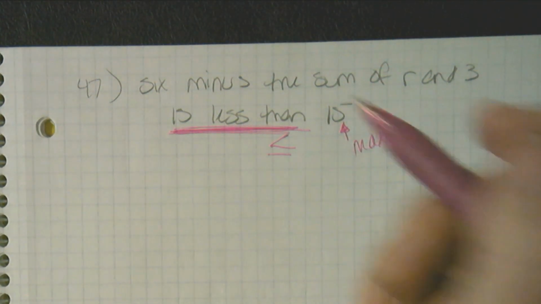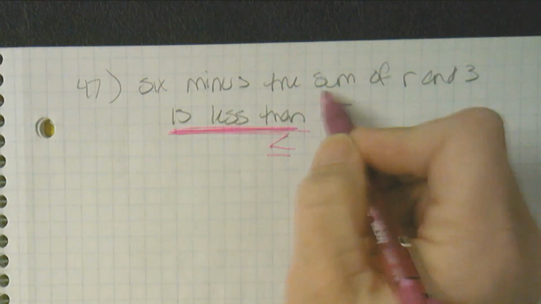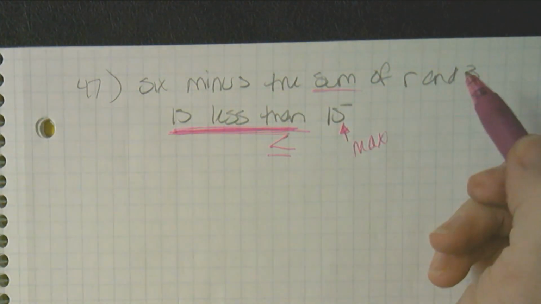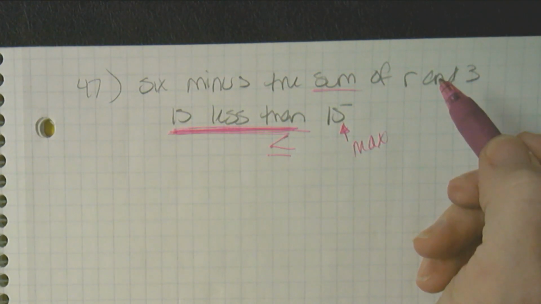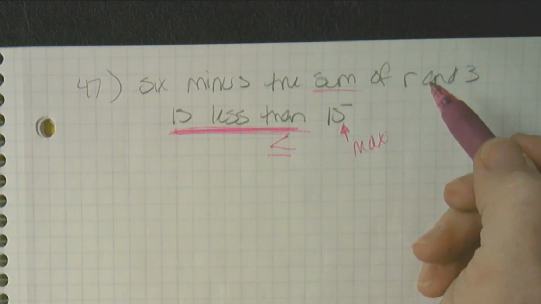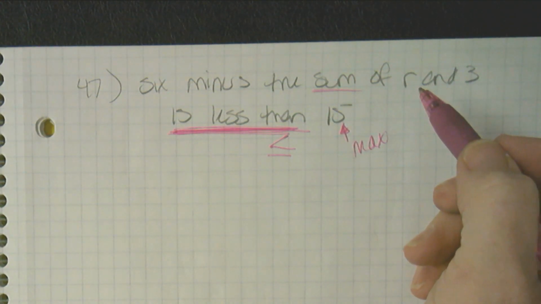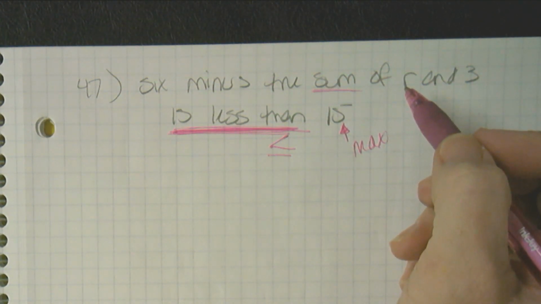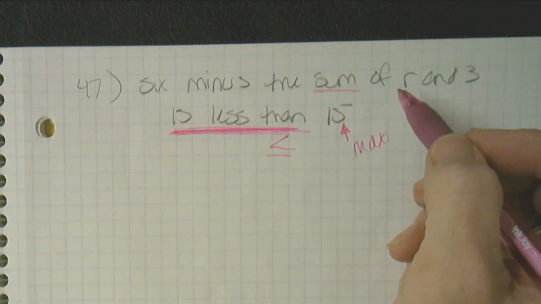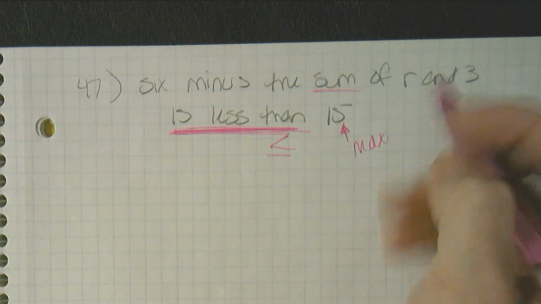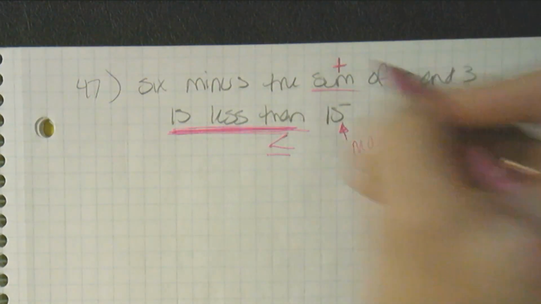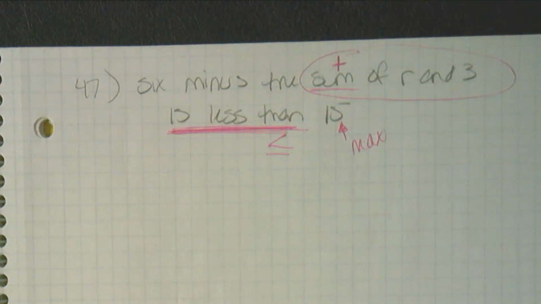Okay, let's take this apart. Peter, what does sum mean? No, sum does not mean multiplication. So that might be just the one little tweak you need to make. What does sum mean, you guys? What operation goes with sum? Victoria? Yeah, that's addition. So that means is I'm adding these two numbers together.